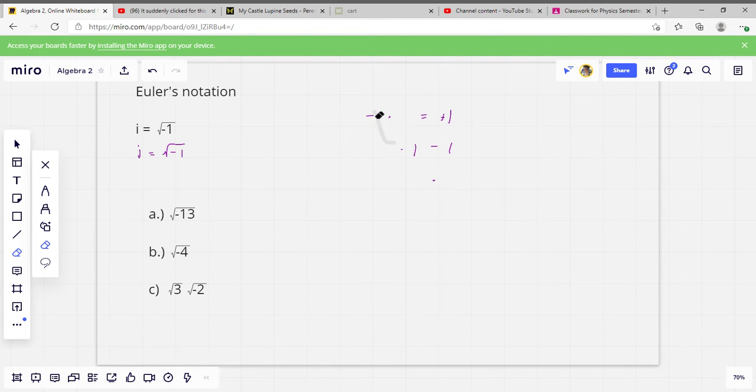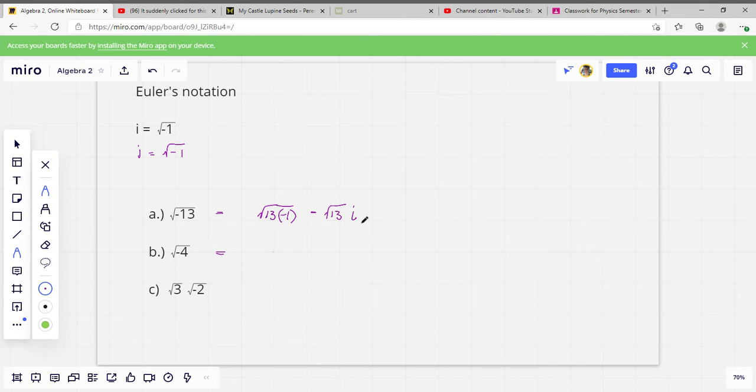All right, so when we simplify numbers using i, for this one we're going to say the square root of 13 times negative 1, and the square root of negative 1 is i, so this would be the square root of 13 times i, and the i is not under the square root sign.